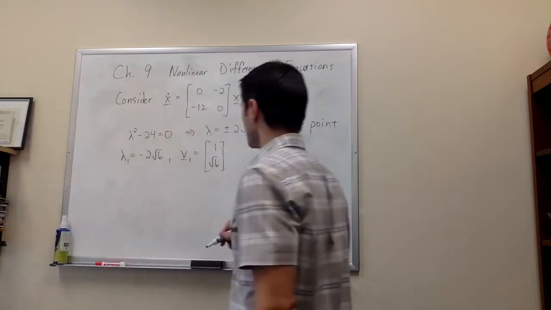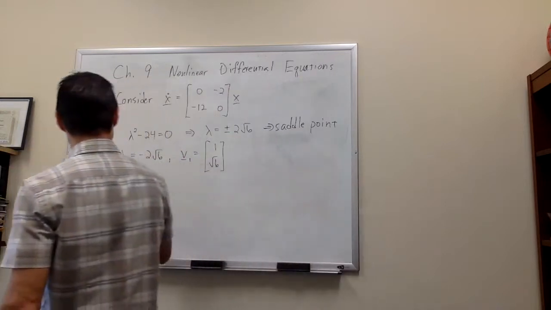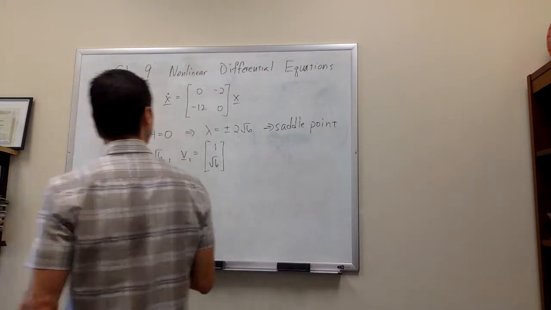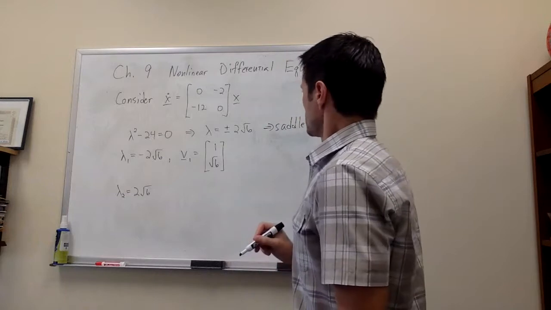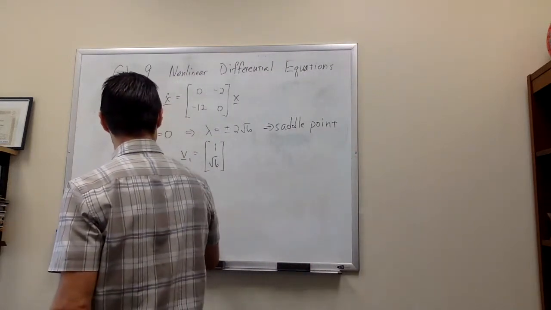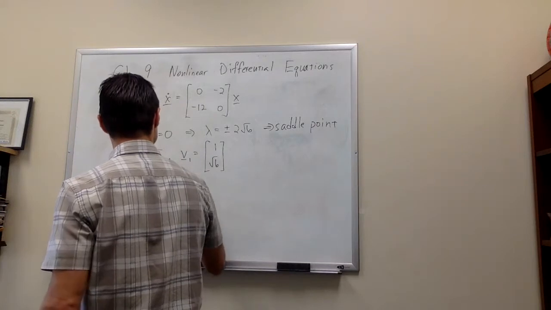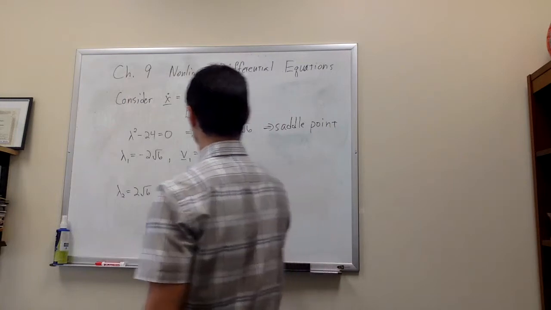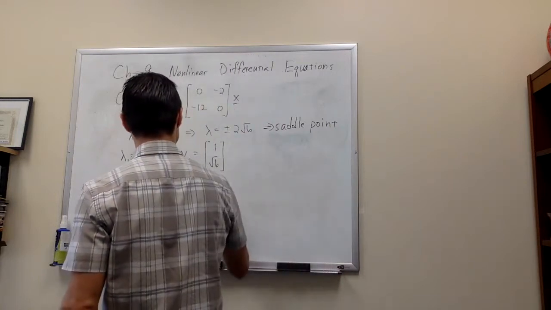And if we look at lambda 2, which is 2 root 6, we end up getting an eigenvector that I believe looks like (-1, root 6).